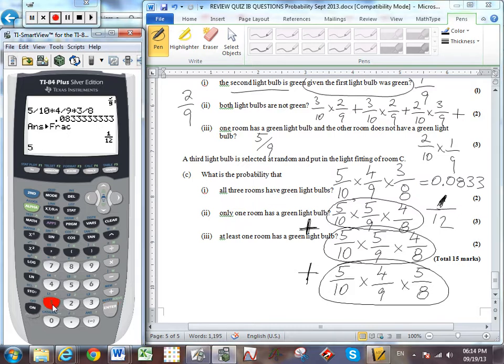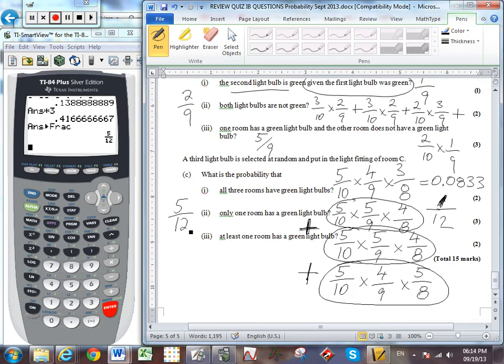So 5/10 times 5/9 times 4/8, and then I'll take that result and multiply it by 3, and I'll convert it into a fraction, and we get 5/12. Or, of course, if you like it as a decimal, you can write it as 0.417 when we round to 3 sig fig.